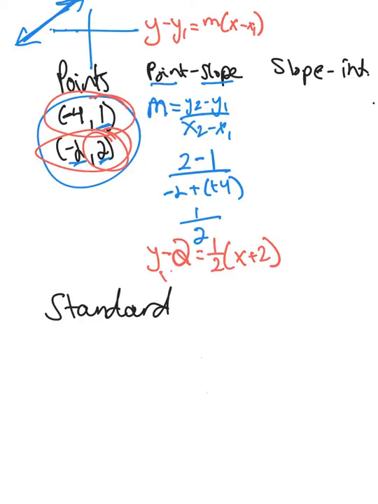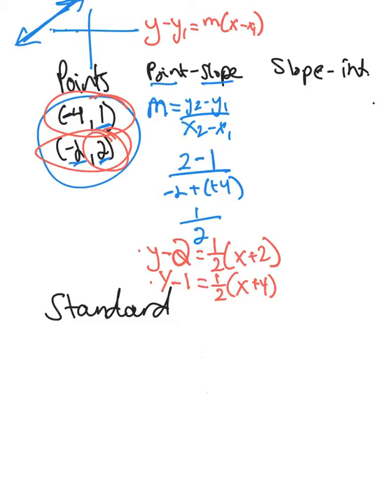So y minus 1 equals, same slope, 1/2 times x minus -4, which would become plus 4. So either of these answers are okay. You can have either one. Now, when we go into slope-intercept form, it doesn't actually matter which example we use because it's going to turn out to be the same number either way.